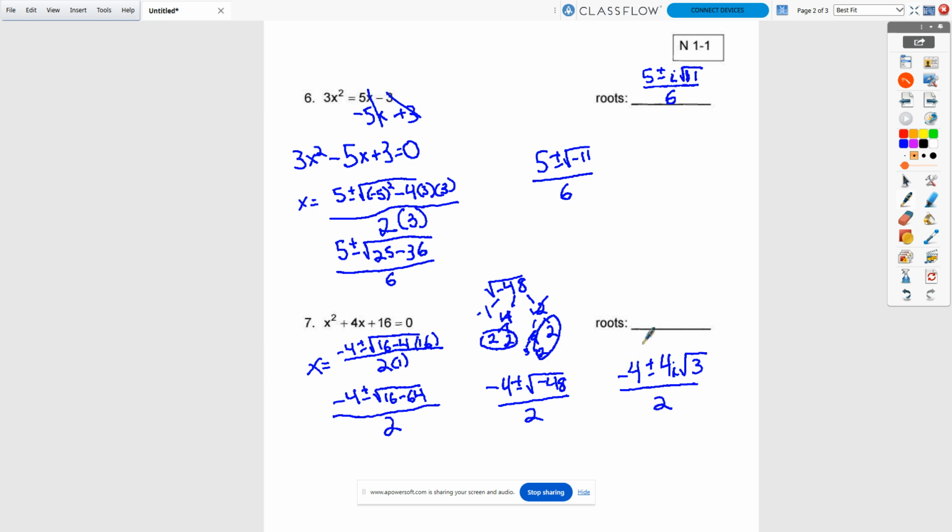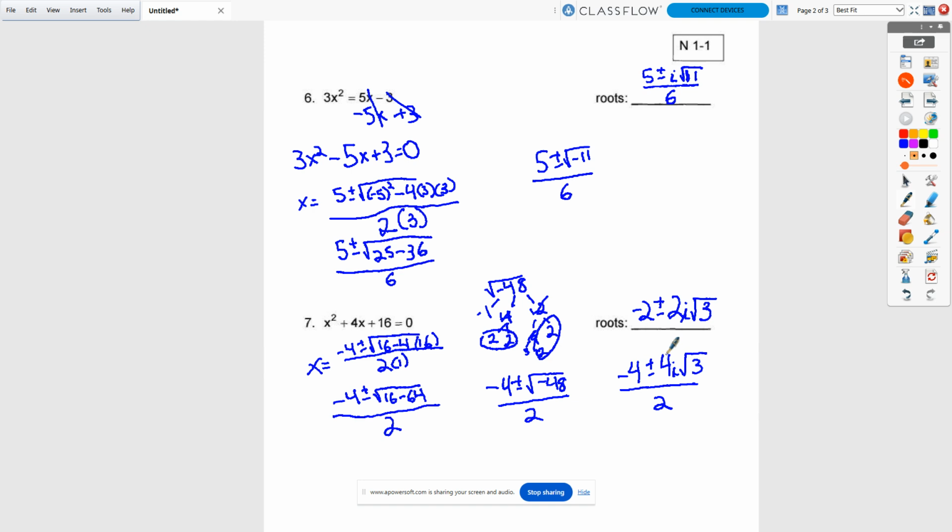So we could just simplify it down a little bit. Divide everything by 2. I'd end up with a negative 2 plus or minus 2i times the square root of 3. And again, that represents both of those roots.